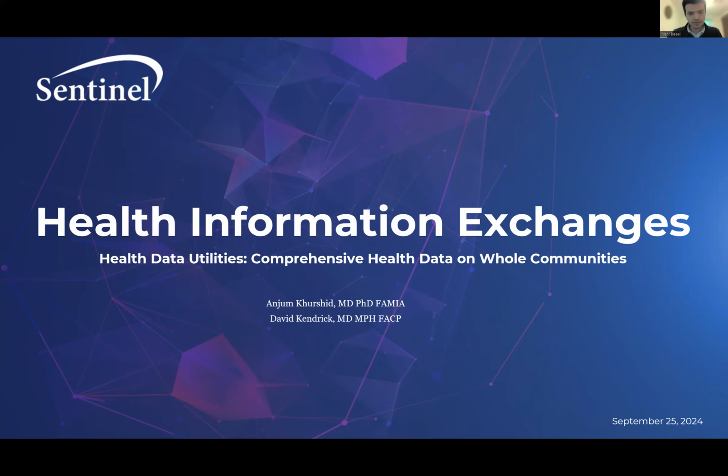So we have two speakers, first of whom is Dr. Anjum Khurshid. Dr. Khurshid is an associate professor of Harvard Medical School and the Harvard Pilgrim Healthcare Institute. He's also the chief data scientist at the Sentinel's Operations Center. Dr. Khurshid was previously co-chief Health Informatics, Data Science, and Epidemiology Division at Department of Population Health and associate professor at Dell Medical School at UT Austin.